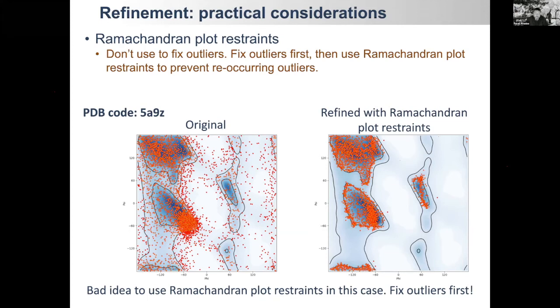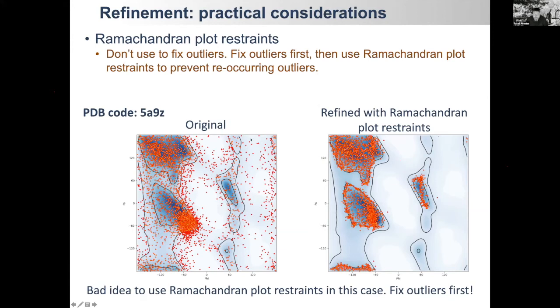That's the point, and the picture below tries to illustrate it. For example, if you have something like this, there's an original structure, a real structure taken from the PDB. I don't remember whether it's from X-ray crystallography or cryo-EM, doesn't matter. This structure has an awful amount of Ramachandran outliers, and of course, you don't like it.